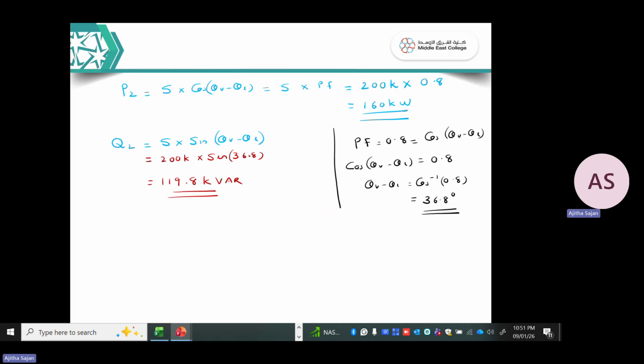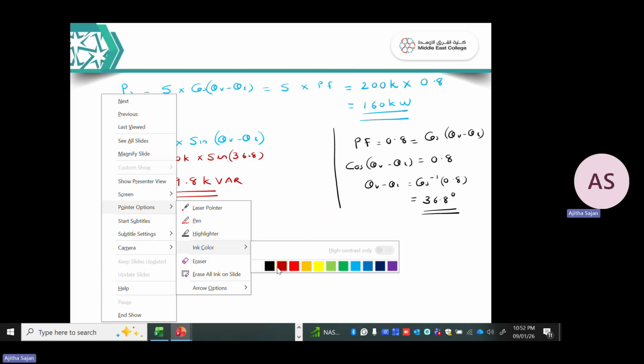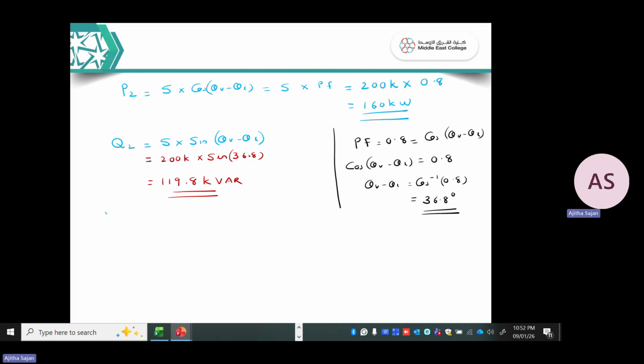Okay, so now P2 is there, Q2 is there. Now you can get S2, the complex power of the second load. What is S2? P2 plus jQ2. P2 is 160 kilo plus j119.8 kilo.